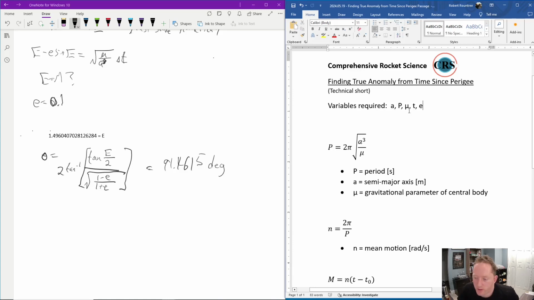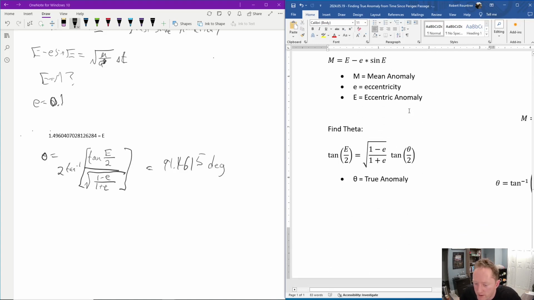That's just a couple parameters of your orbit, right? You can find some of those using other variables or each other. And then T is the one thing you really need, your time since perigee passage. But pretty straightforward.